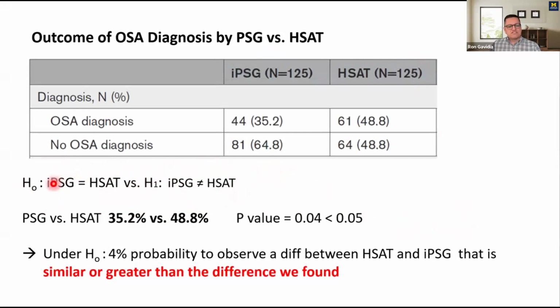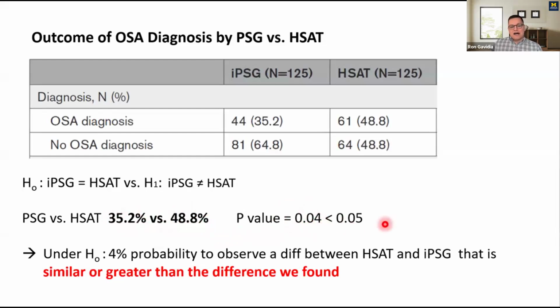The null hypothesis tells us that there is actually no difference between the two, and they are similar. However, in this 2x2 table, we see that OSA was identified in 35% based on the PSG, and almost 49% based on the home sleep apnea test. When we plot the data, we see 35.2 versus 48.8, and this comparison provides a p-value of 0.04.